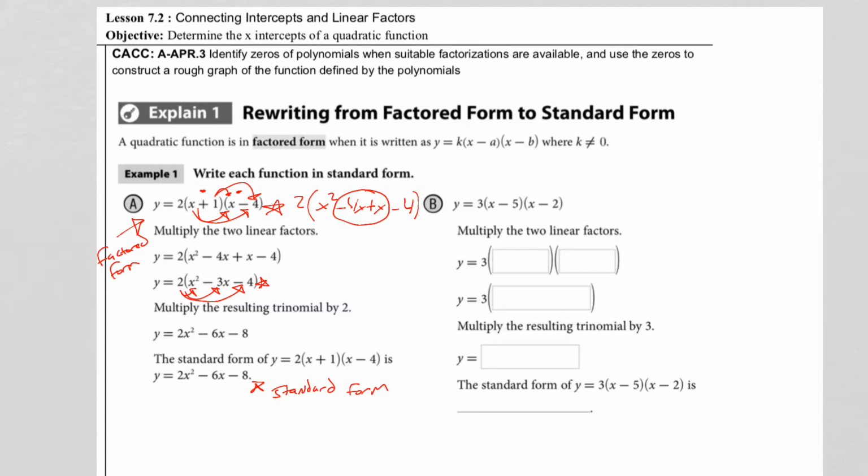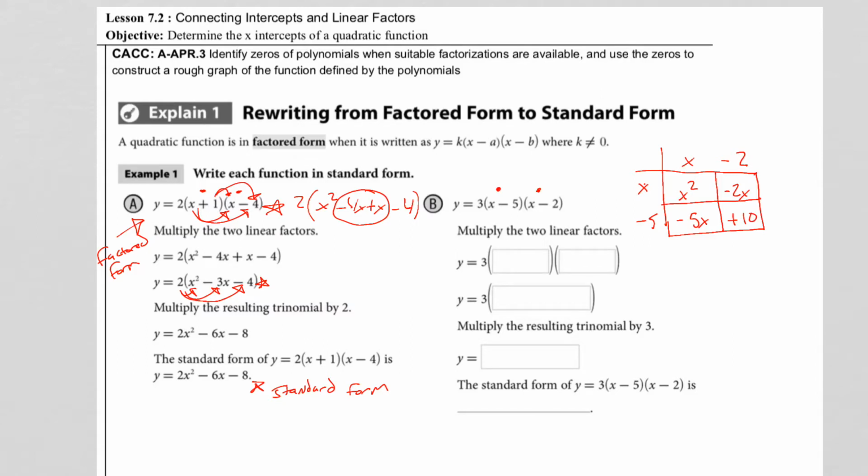But let's try an example here. So you've got basically 3 times this times this. And for those of you that like this method, you could multiply this out using a grid if you don't like FOIL, and there's nothing wrong with that. x minus 5, x minus 2: x times x is x squared, x times negative 2 is negative 2x, x times negative 5 is negative 5x, and then negative 5 times the negative 2 is plus 10.